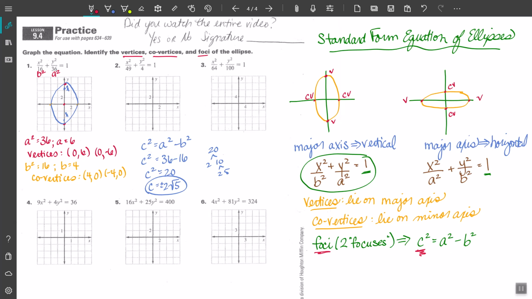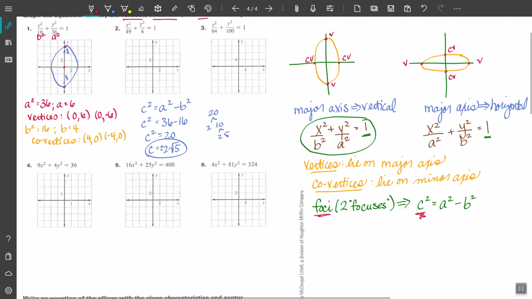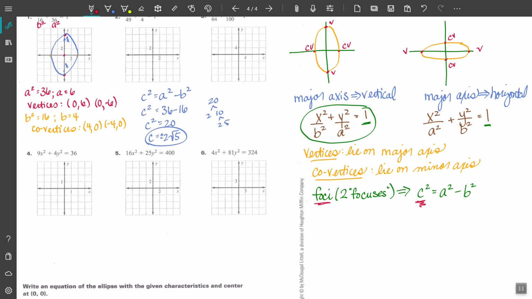So let's look at number 4, because number 4 is not in standard form. So since it's not in standard form, we need to divide through by 36 the entire fraction. I'm sorry, the entire equation. So because our goal is to get a 1 on that right-hand side.